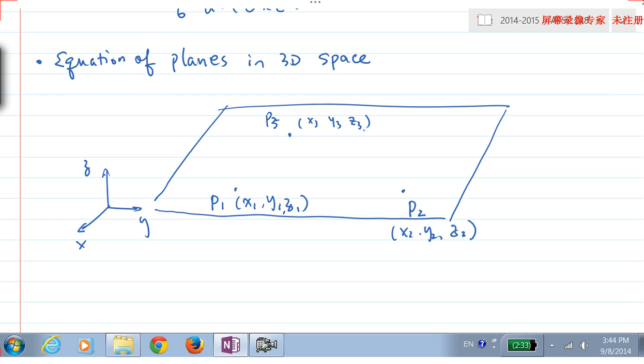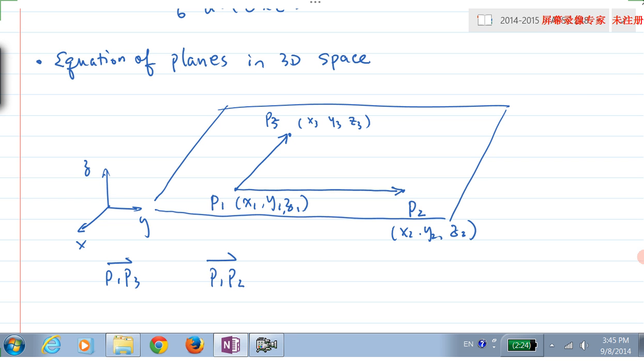Now, with the 3 points given, I can construct 2 vectors out of them. One vector is P1P3, and one vector is P1P2.